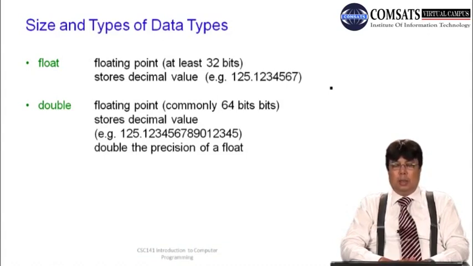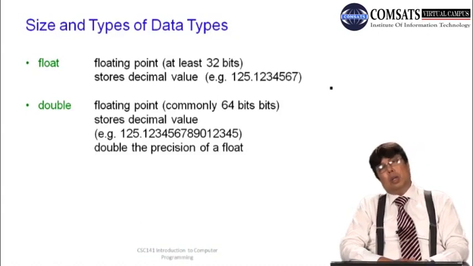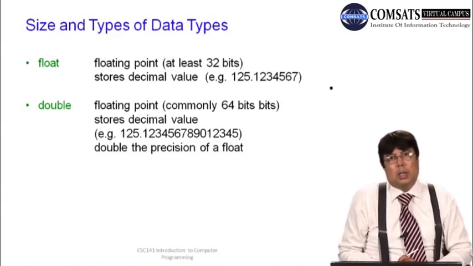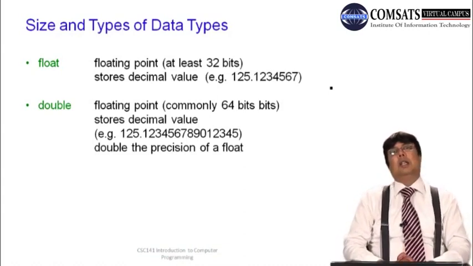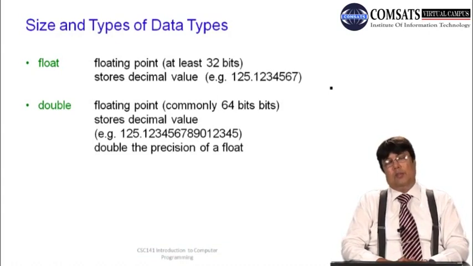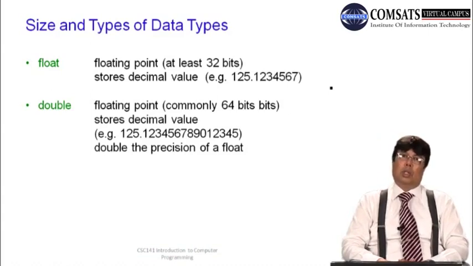When we say double, the precision is doubled. Now the accuracy of decimal places will be up to 15 decimal places. With float, you can have a precision up to 7 decimal places, but with double, you can have a precision up to 15 decimal places. So it doubles the precision of a float.